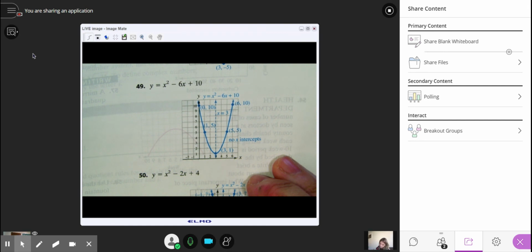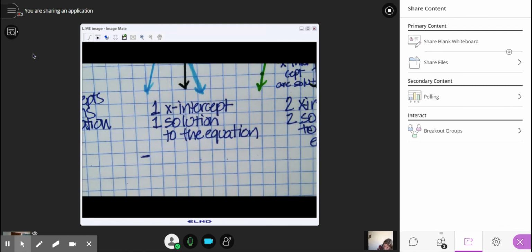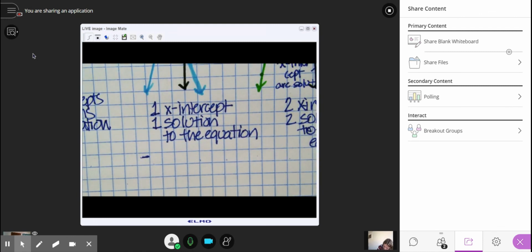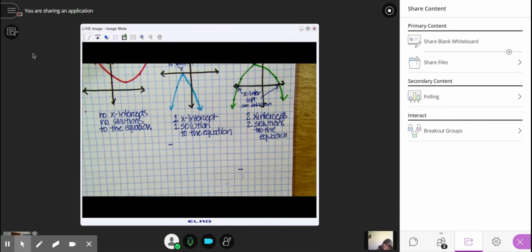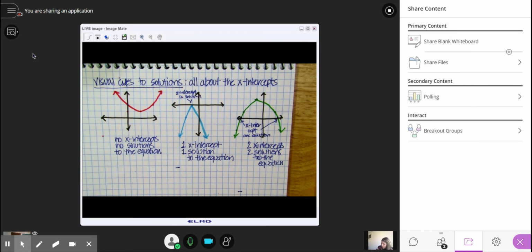Not a real number anyway. If they don't touch, there's no solution, no real number solution. Yep, if it doesn't touch the x-axis, there's no real solutions to that equation.